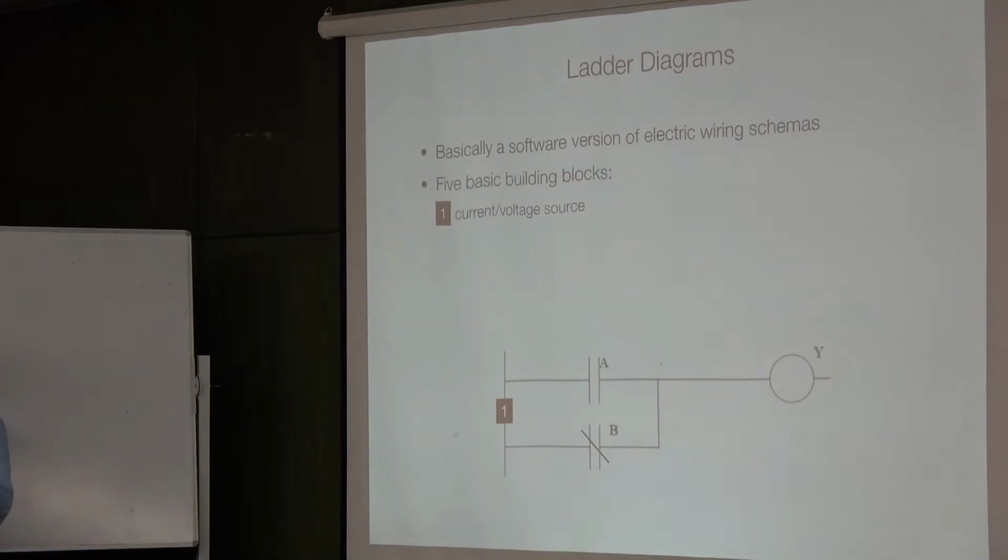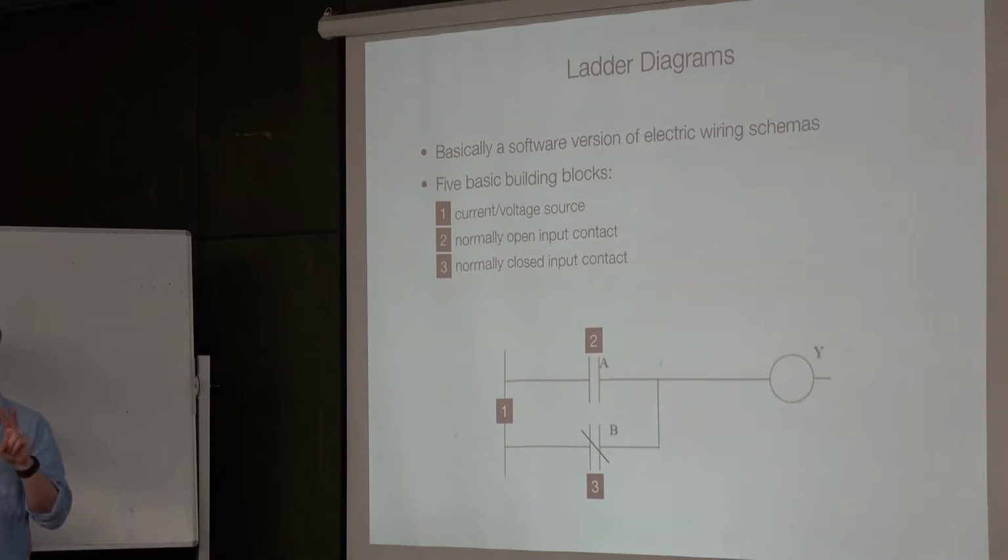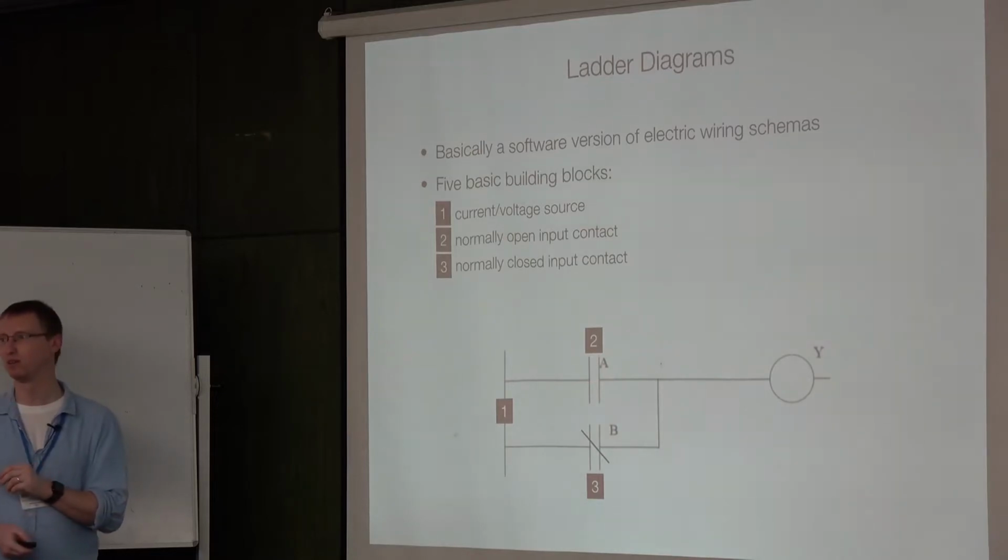And they consist of 5 basic building blocks. The first one is a power source here. It's a kind of a bus. It's just a graphical element of the language, but it still has a meaning. Okay? Then we have blocks which represent contacts, and we have 2 types of these contacts. This we call a normally open contact.